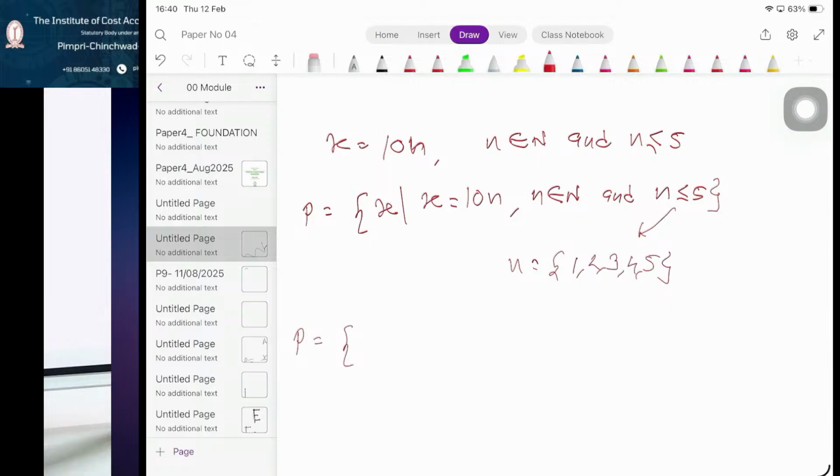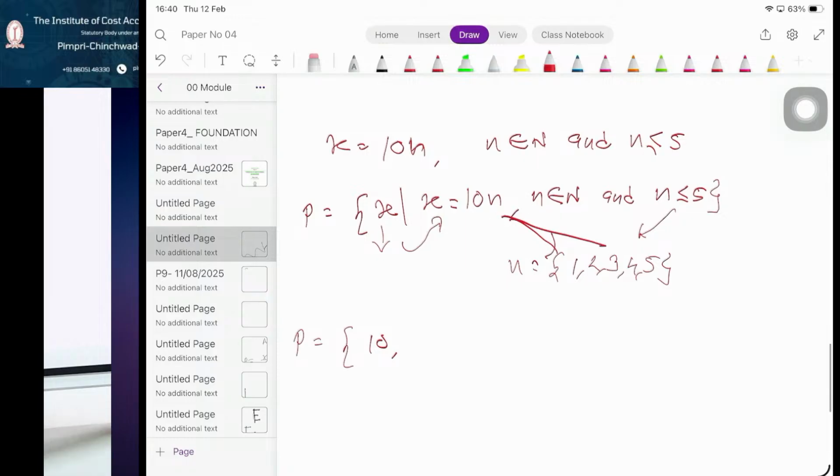So what will be the members or elements of P? P is equal to the first value of x is 10 multiplied by n, means 10 multiplied by 1. So it is a 10. Next element 10 multiplied by 2, that is a 20. Next element 10 multiplied by 3, that is a 30. 10 multiplied by 4, that is a 40.